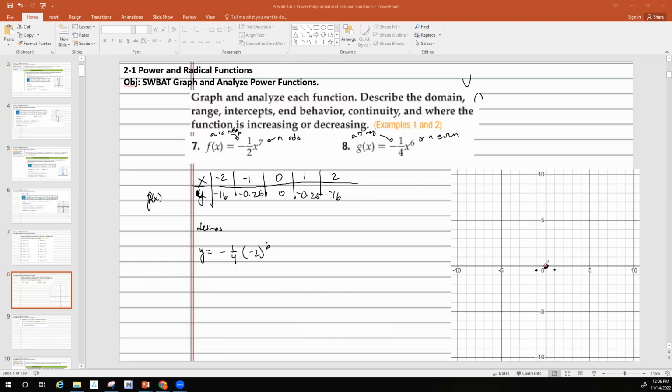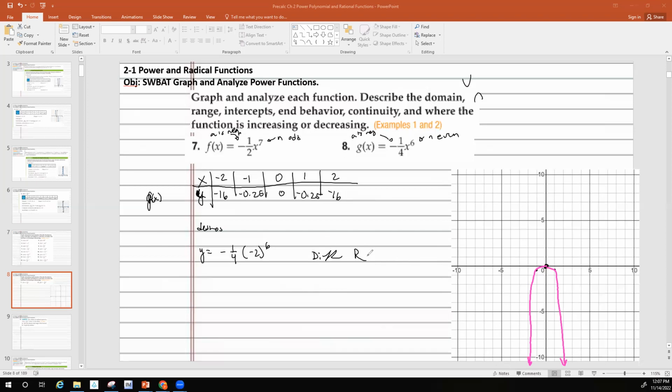But we're used to it, aren't we? There we go. Okay, it's a very steep parabola. And domain, as you can see, it always goes to the left, always goes to the right forever, and in between as well. So that one is all real numbers.